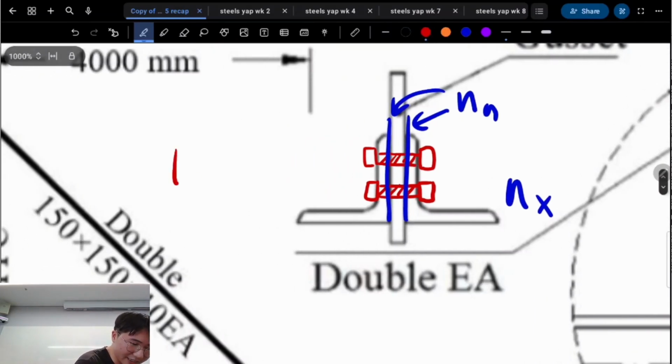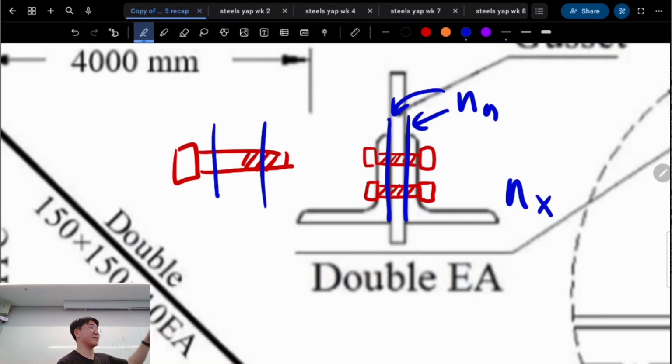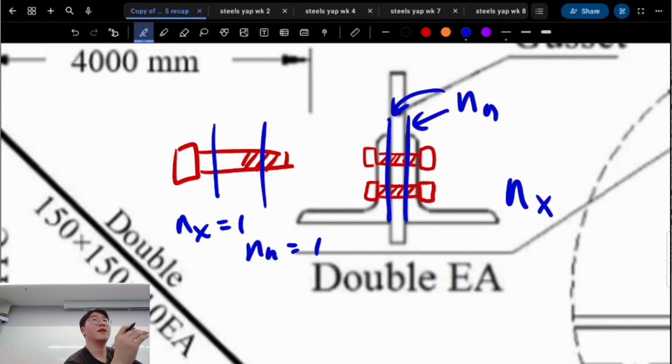So if it looks more like that, and one of your shear planes intercepted the area with threads and one didn't, it would technically be NX is 1, NN is 1. But usually in the question they'll tell you to assume the entire thing has threads, because that's the most conservative way to do it. It gives you the least capacity because we have a smaller core area than we have shank area.